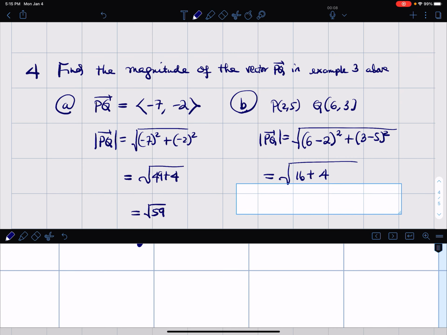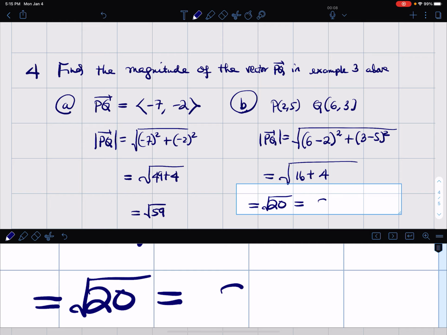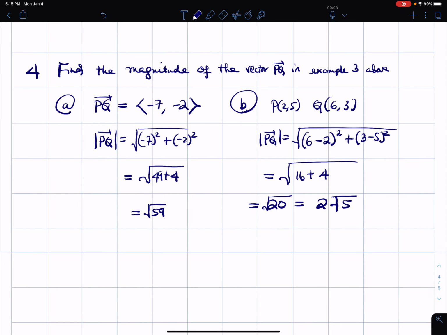So this is 20, right? Square root of 20. What's the square root of 20? It's 2 square root of 5, I think. Check me on that. All right. So that's what we have so far.